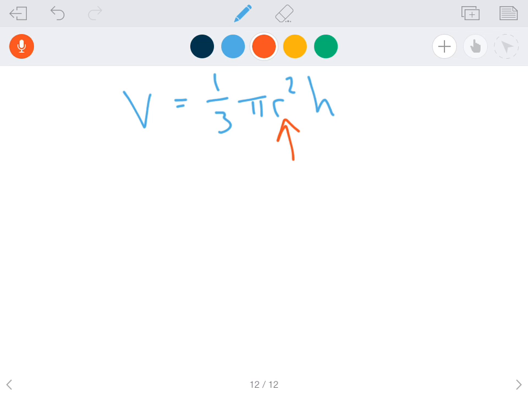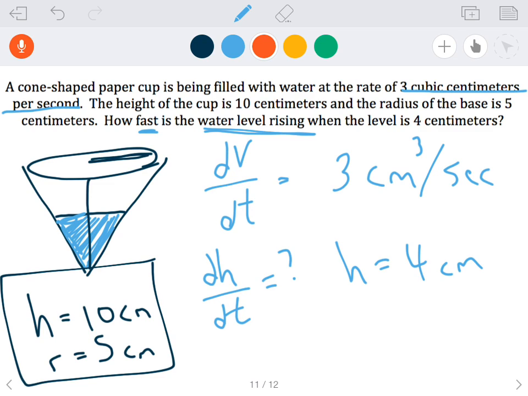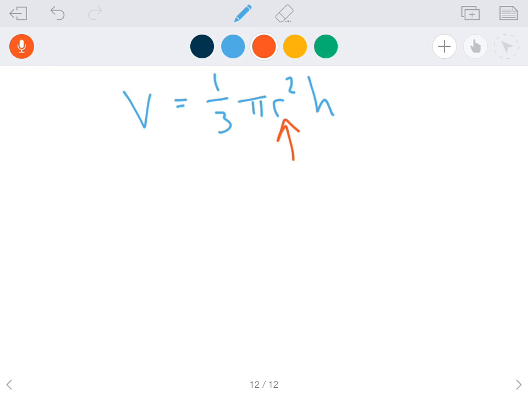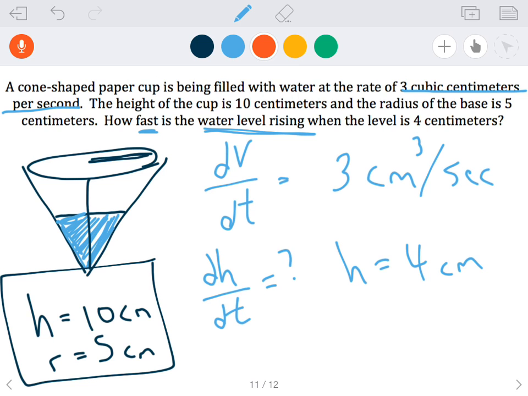I see an r in this formula, and I don't have any information about the radius or the rate that the radius is changing. If I take the derivative of this with respect to time with two variables, I'm going to have a product rule, and I just really don't want to deal with that if I don't have to. So that makes me think, what can I do with this extra information that they gave me?